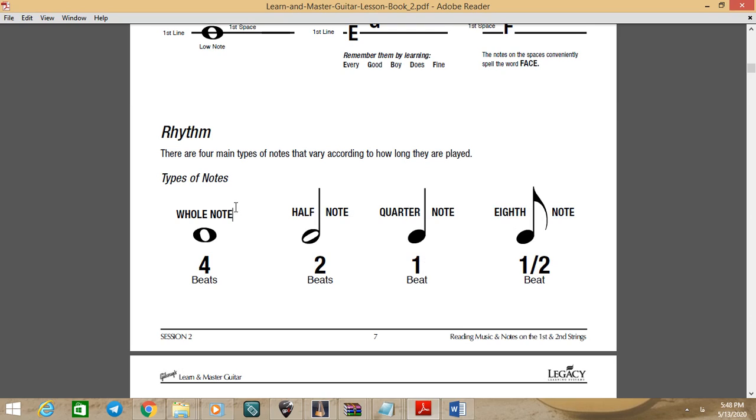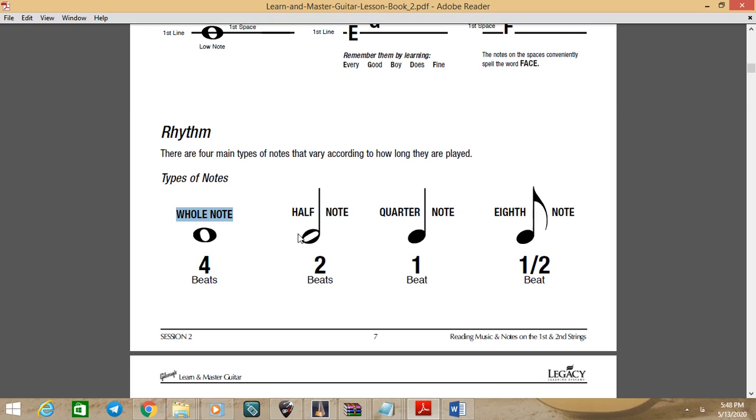When we see a shape like this, the name is whole note and it will continue for 4 beats. For example, we have a G as a whole note. G. We should continue our reading for 4 beats.